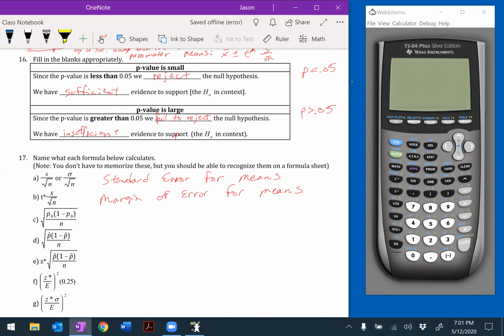That's the standard error for proportions. This is for a hypothesis test, which is different than the standard error for proportions for D. This is the standard error.